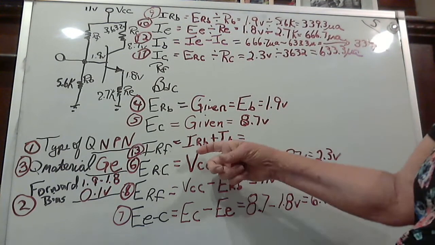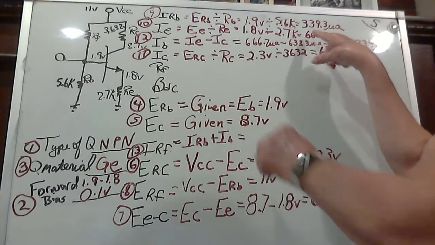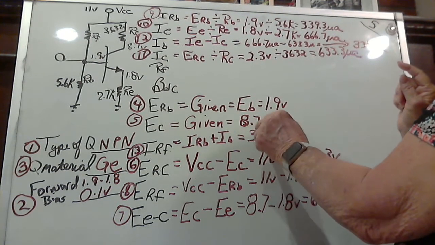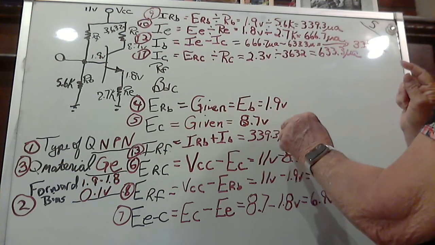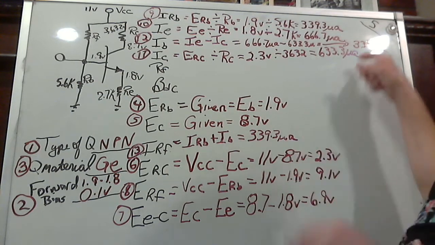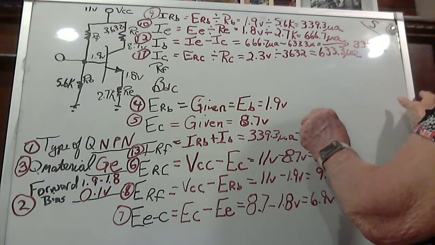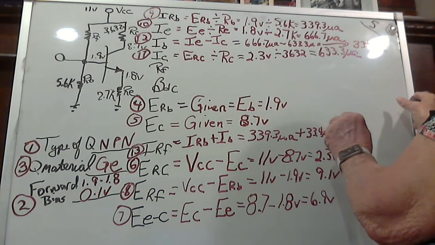And we determined that IRB was 339.3 microamps. And we determined that IB was 33.4 microamps.